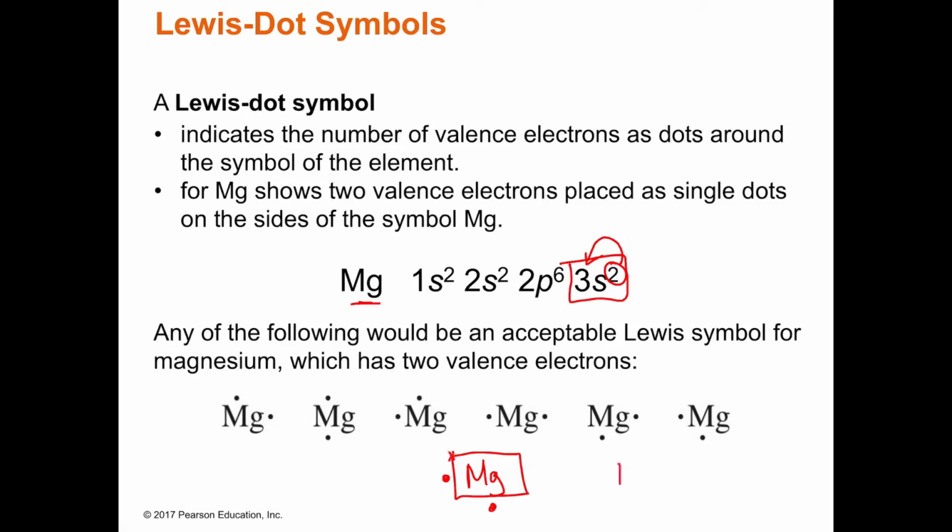So usually when we draw these, we'll put 1 electron on each side of the box before any get 2, kind of like when we were doing our orbital diagrams, we had to put 1 electron in each orbital before any got 2. It's the same kind of thing here.